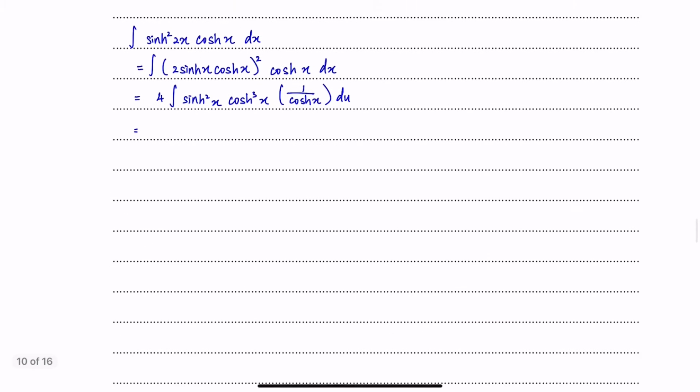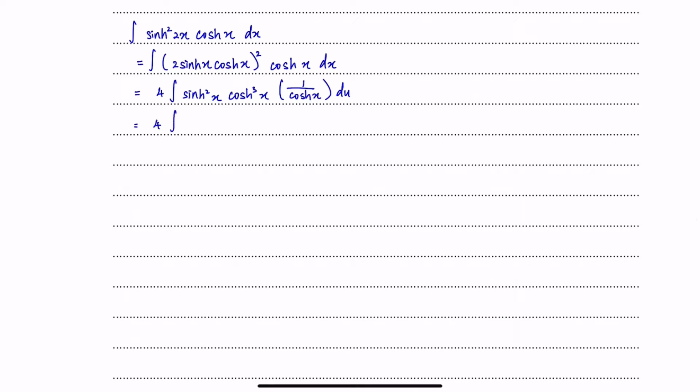And we have 4 times the integral of sin squared x cos squared x du. And cos squared x can be written as 1 minus sin squared x.